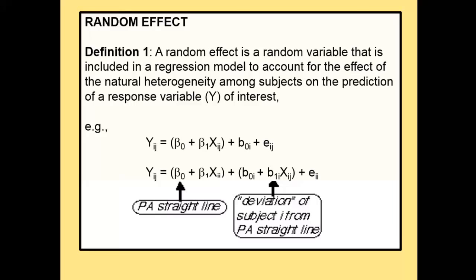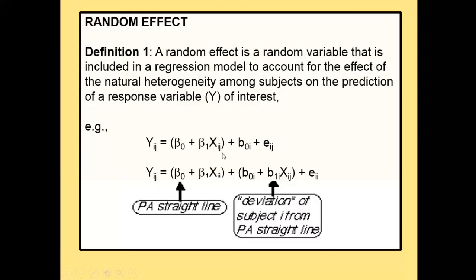So it represents the contributions of different subjects to the outcome without trying to specify a particular variable that you don't know what to specify. So that's what this is. It represents what the ith subject does to predict the outcome over and above what the exposure variable does.